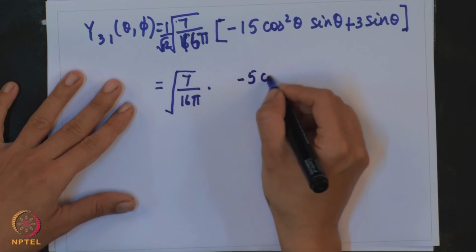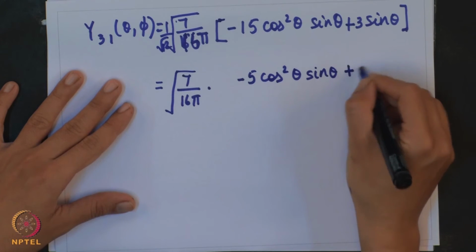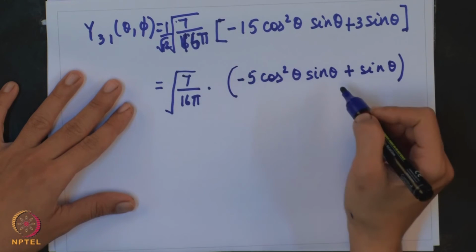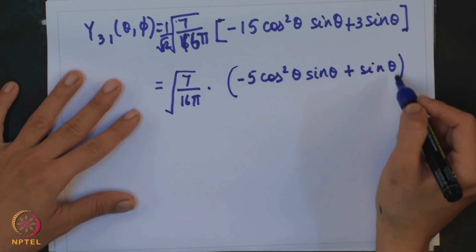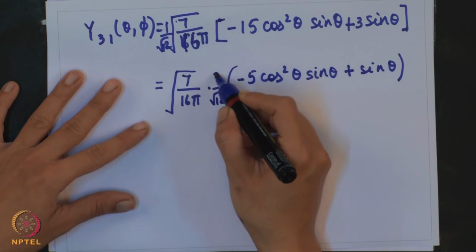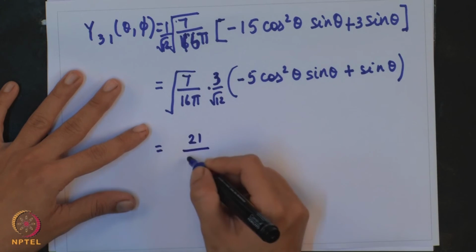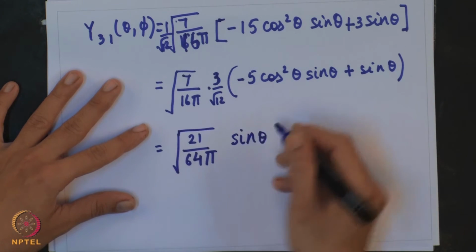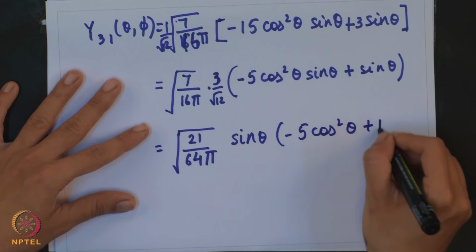So I have minus 5 cos square theta sin theta plus sin theta. In fact, I can take sin theta outside, with 1 by root 12 and the 3 over here. So this will result in square root of 21 upon 64 pi times sin theta times minus 5 cos square theta plus 1.